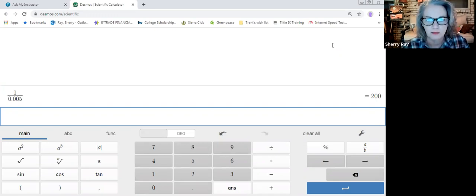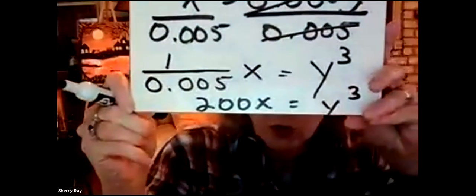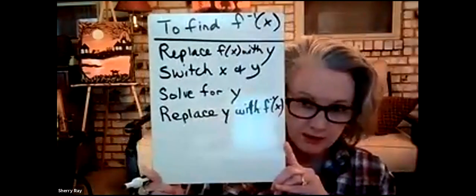So where I'm at now is I have 200x equals y cubed. Now, the final step after you solve for y is you have to write your answer correctly. You will replace y with f inverse of x. In this case, our inverse function is w. So I'm going to finish this problem right here.